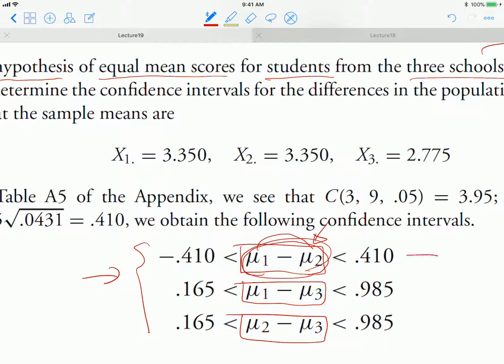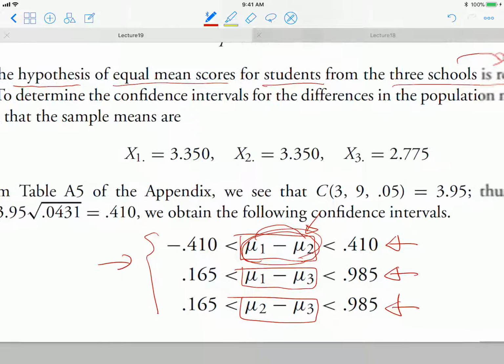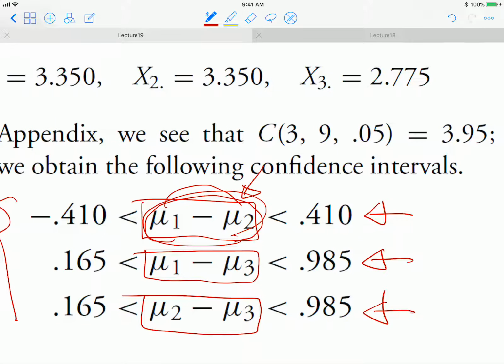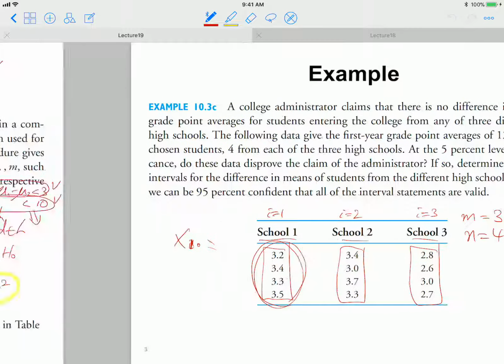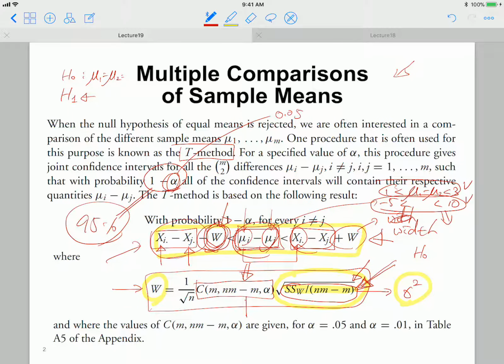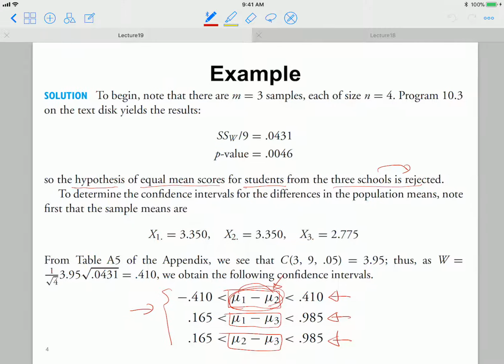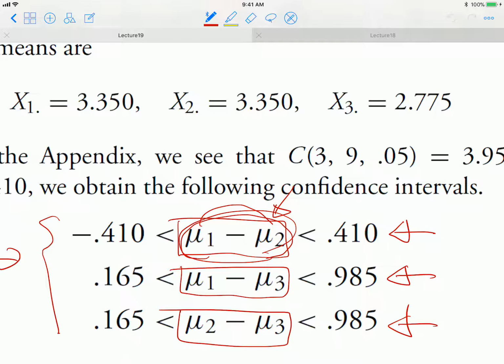So in this case, we obtained this amount and this and this.